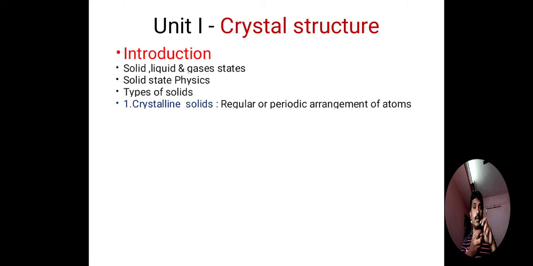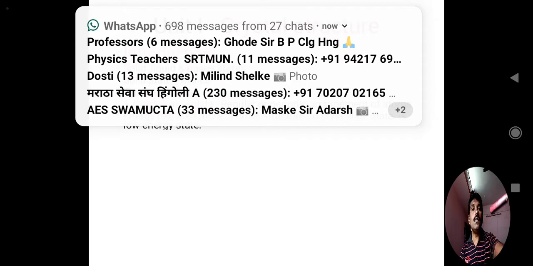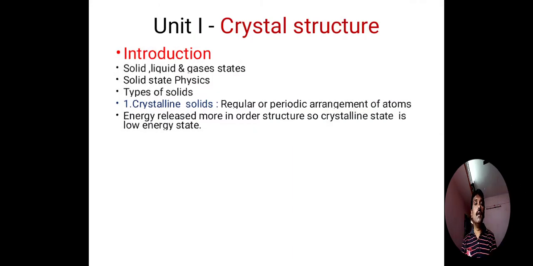That means one atom is here, another is at a fixed distance, another at a fixed distance in that same row, and that is what crystalline solids are. We simply call this regular or periodic arrangement of atoms a crystalline solid.